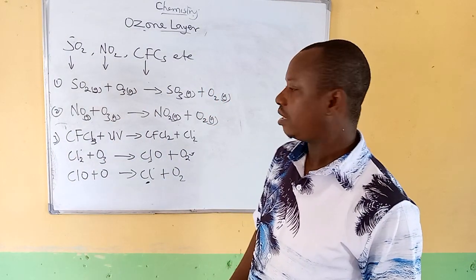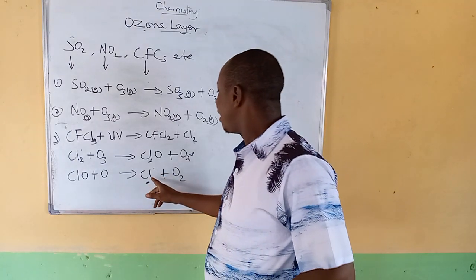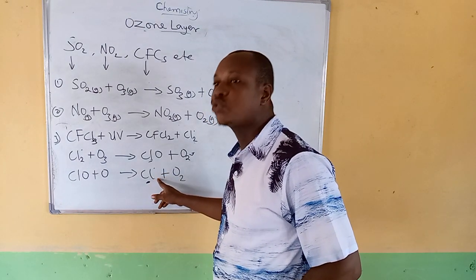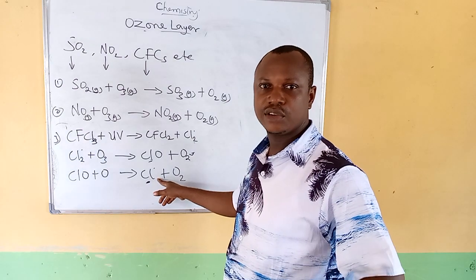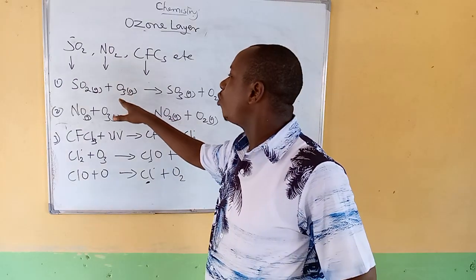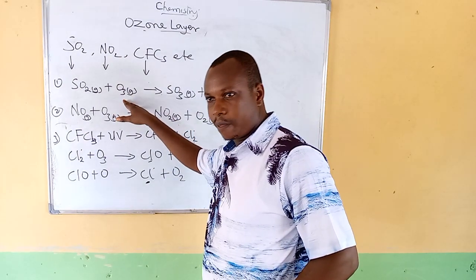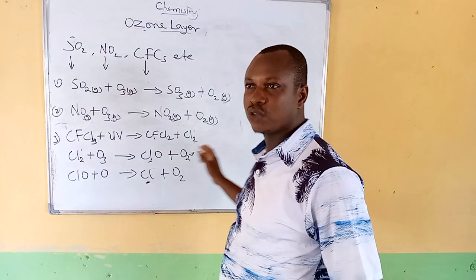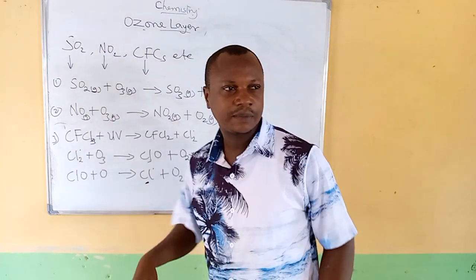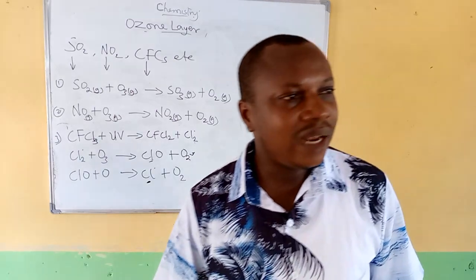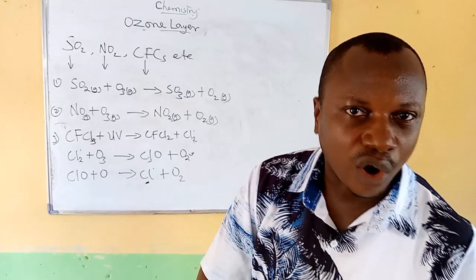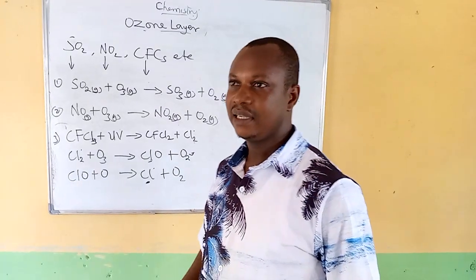Let me say that again. It means that an atom of chlorine can destroy 1,000 ozone molecules, depleting them to ordinary what? Oxygen. That is to say that the ozone layer is more easily destroyed than it is created.